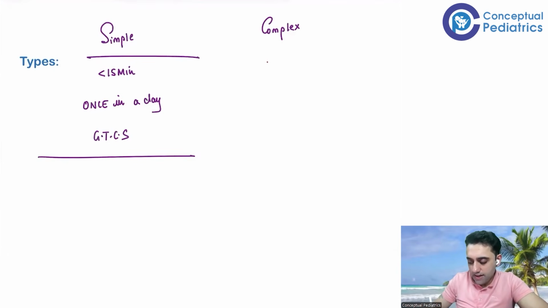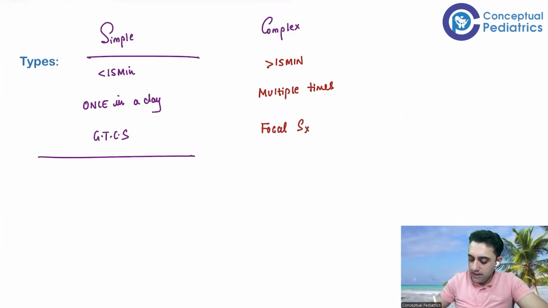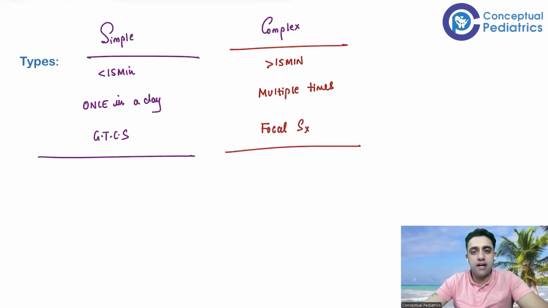Whereas complex febrile seizure happens for more than 15 minutes, happens multiple times in a day, and basically is a kind of focal seizure. These are the basic differences you should know regarding simple and complex febrile seizure.